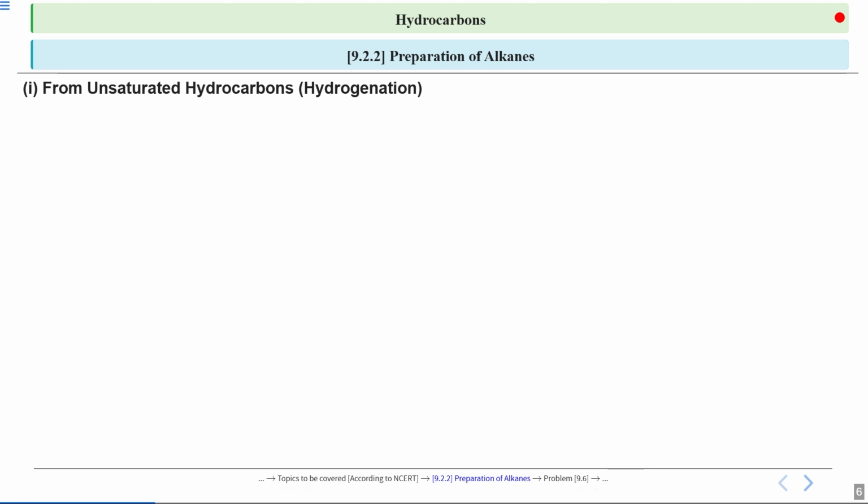Now, let us dive into the first method, hydrogenation of unsaturated hydrocarbons, also known as hydrogenation. This process involves a chemical reaction where alkenes or alkynes are converted into alkanes. It is a fundamental reaction in organic chemistry that helps us understand how we can manipulate hydrocarbon structure.